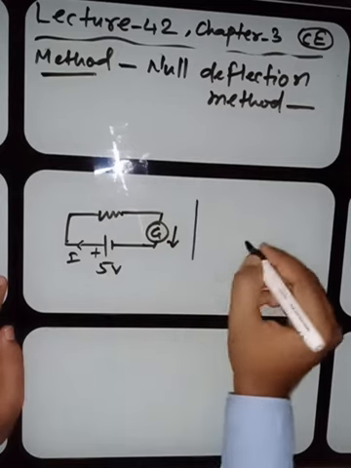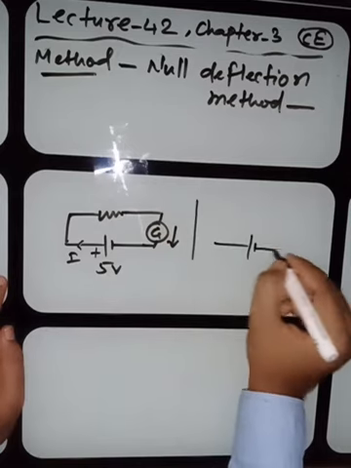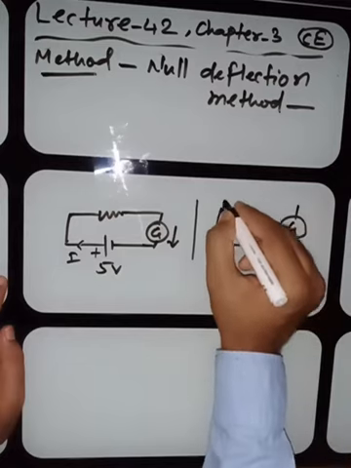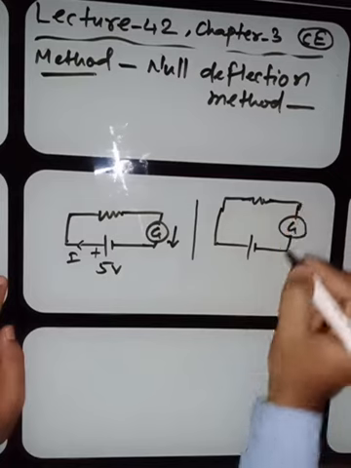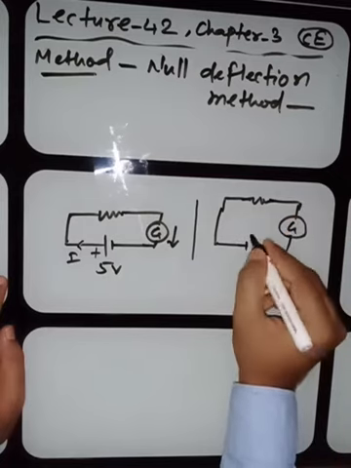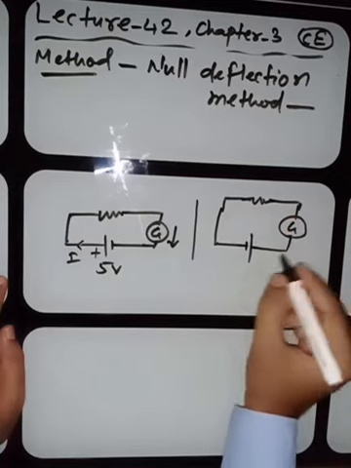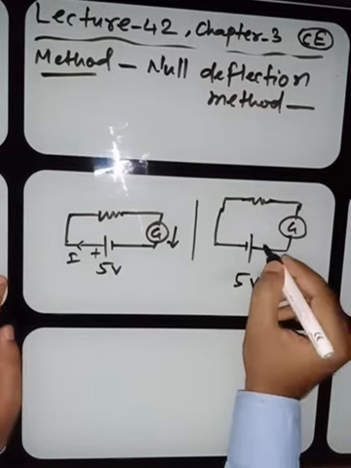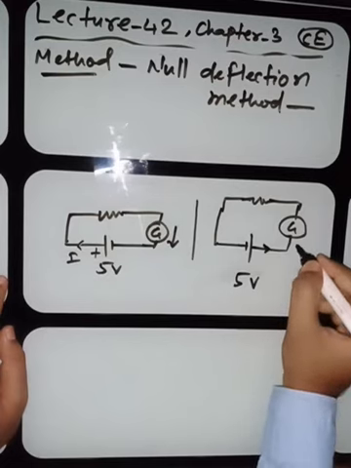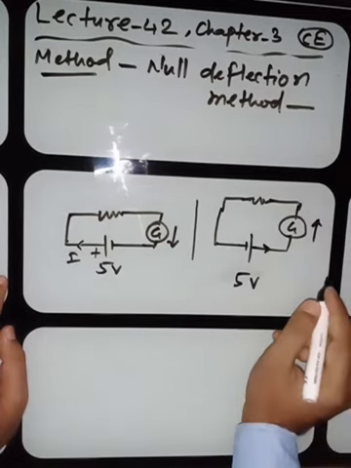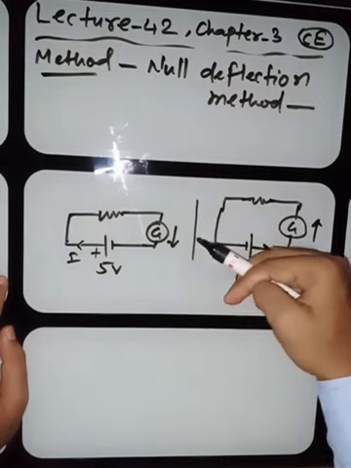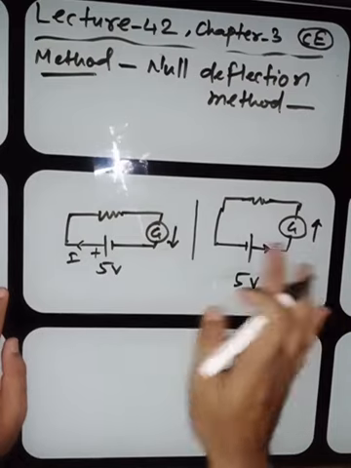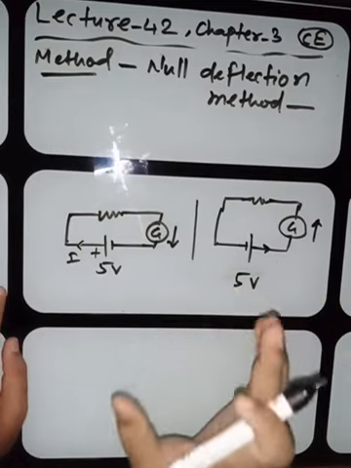But if you connect a battery the other way with a galvanometer and resistance, suppose 5 volt, now the current will move in the opposite direction, and the galvanometer will give the deflection the other way. All right, but in both cases the galvanometer shows some deflection.